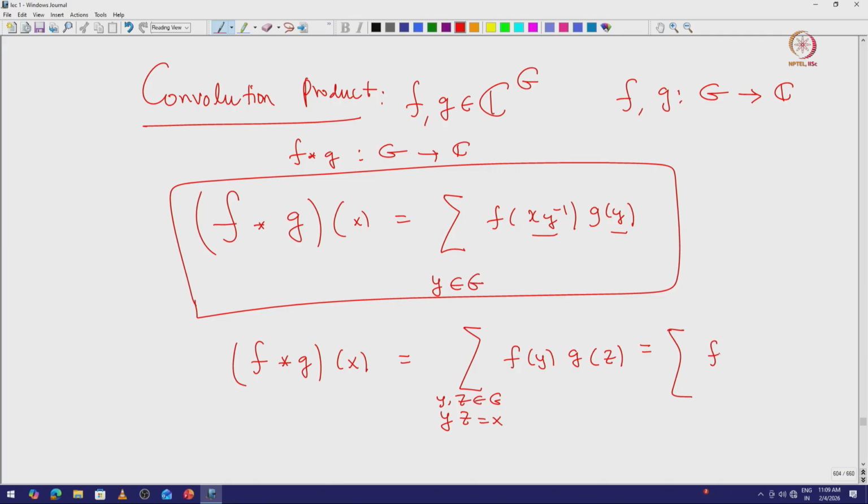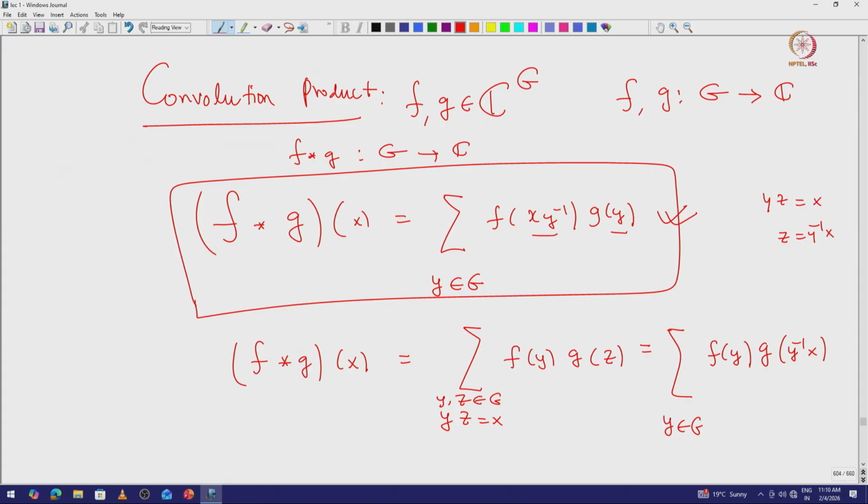You can fix the first coordinate as y, and then y z equals x. So you multiply y inverse here, and then you get g of y inverse x here, where y runs over all elements in G. There are many ways to reinterpret the same convolution, and mostly we will use this definition for the convolution.